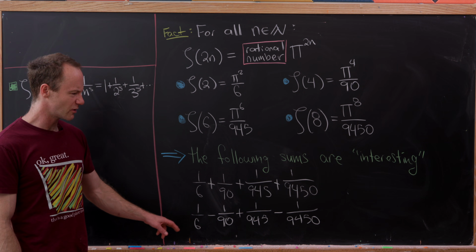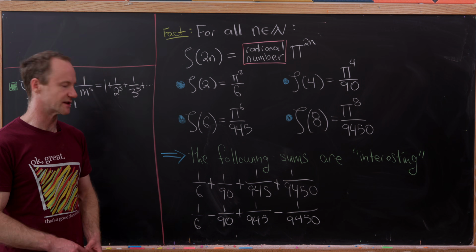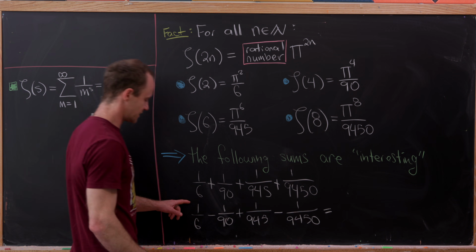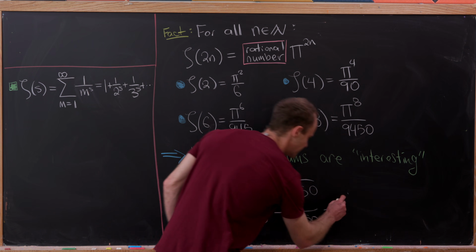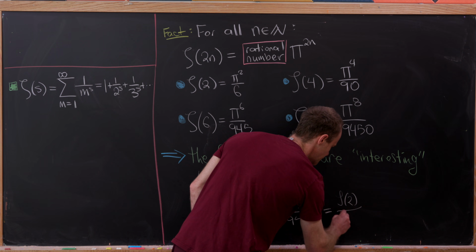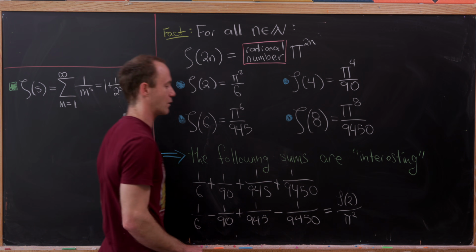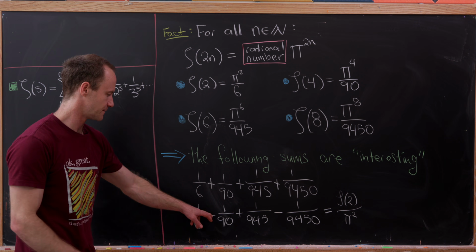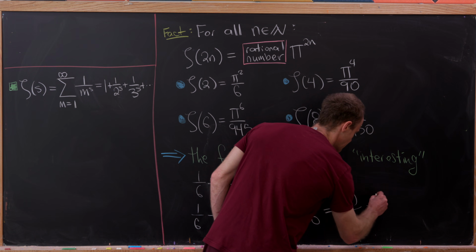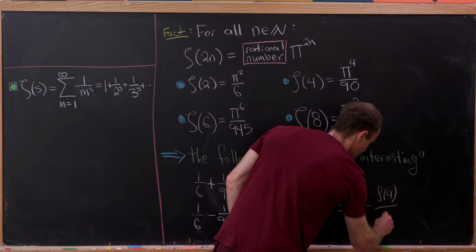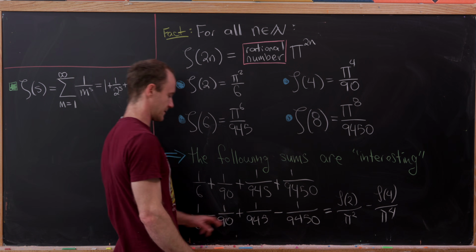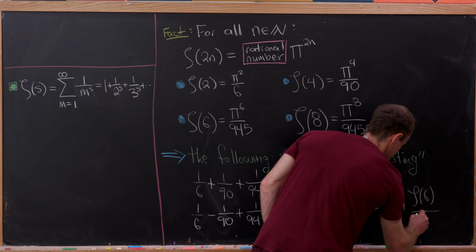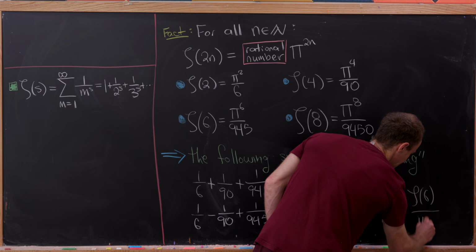Okay, so how could we write this down a little bit more carefully? Well, perhaps we would write it like this. This 1 over 6 could be rewritten as zeta of 2 over pi squared, because that's exactly what we're doing. We're dividing out the pi squared. Then this 1 over 90 would be zeta of 4 over pi to the 4. And then this next term will be zeta of 6 over pi to the 6.